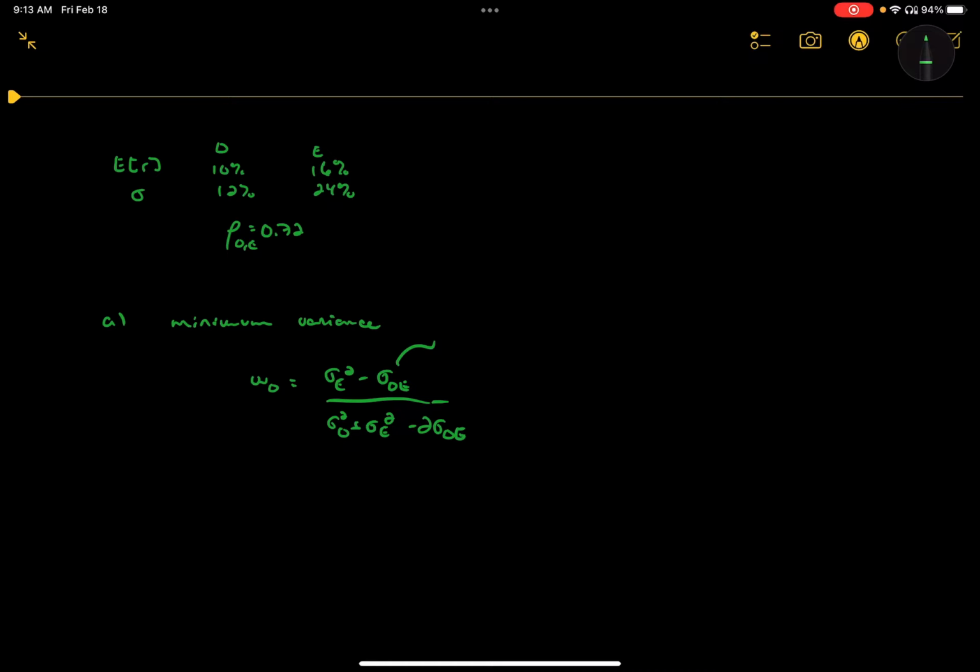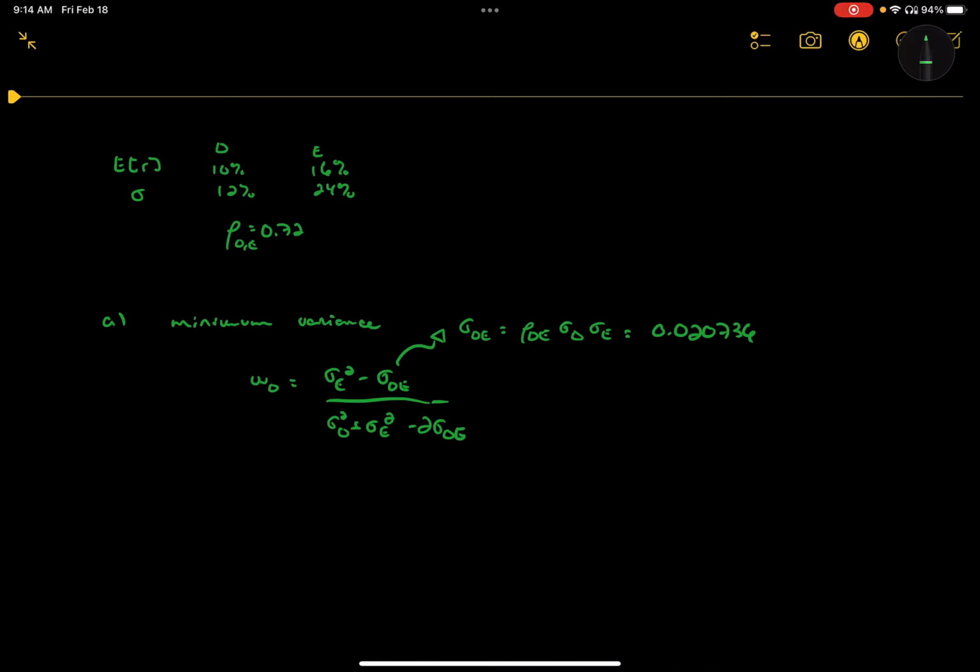All right, and this is the covariance term. So as usual, covariance term is equal to correlation times standard deviation D, standard deviation E. And if you actually do that calculation, this gives you something like 0.020736.